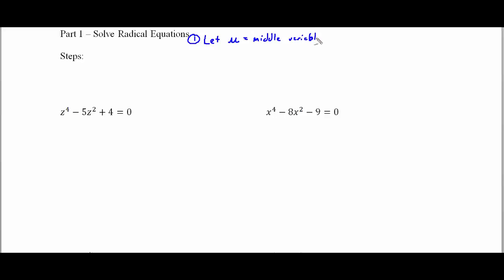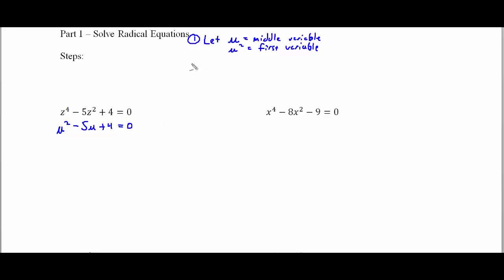For every problem that's set up in this section, if we let u equal the middle variable, then u squared is going to be equal to the first variable. That allows us to rewrite this problem as u squared minus 5u plus 4 equals 0.